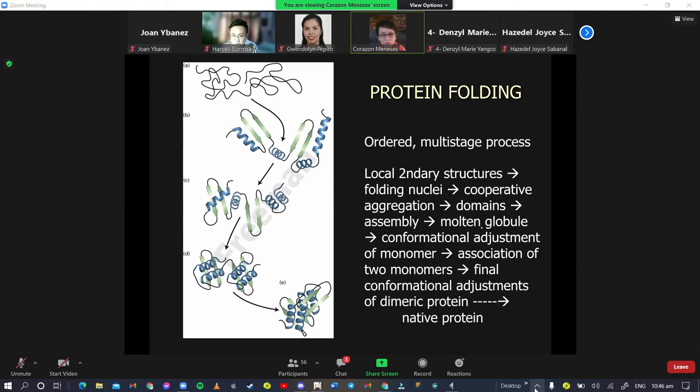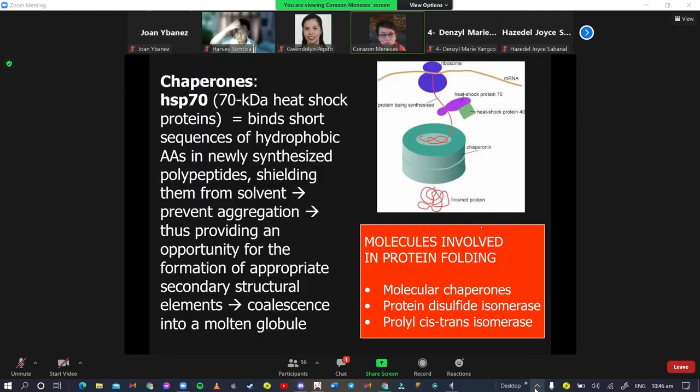Now, protein folding will also require certain proteins to help the folding process. Then they are generically referred to as your chaperones. Chaperone proteins are involved in the proper folding of the protein. Okay, so HSP stands for heat shock protein.